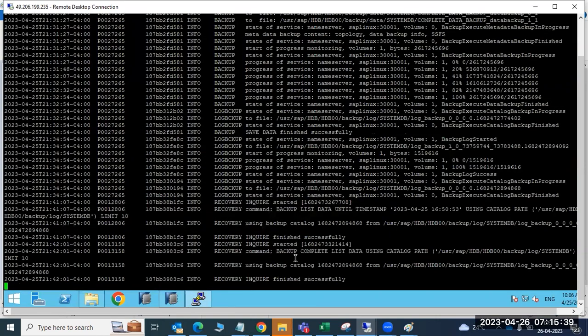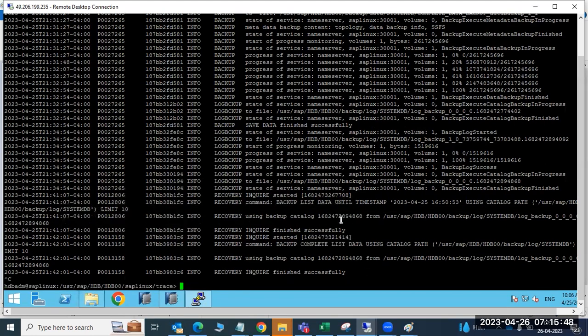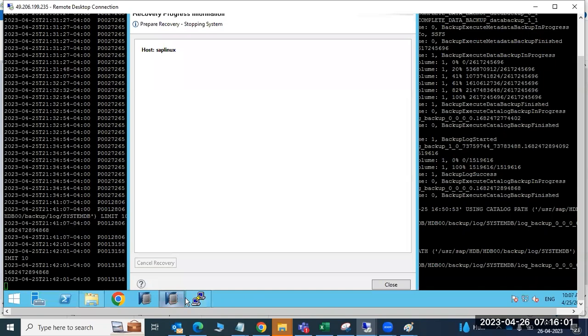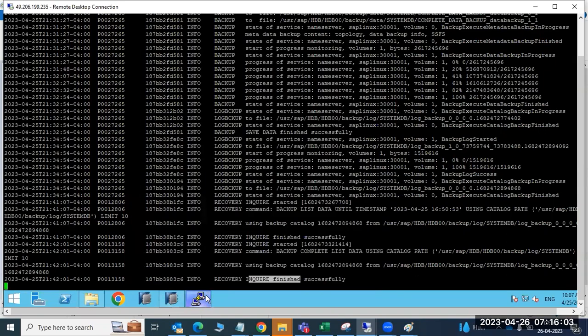Inquiry finished, so backup completed. Then whatever action we are doing, recovery finished. Recovery using the backup catalog finished successfully.